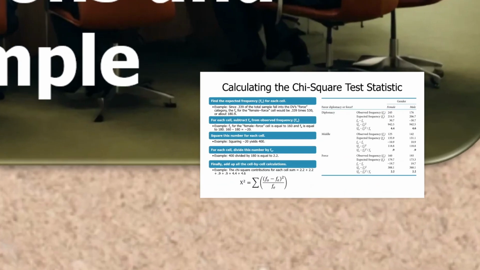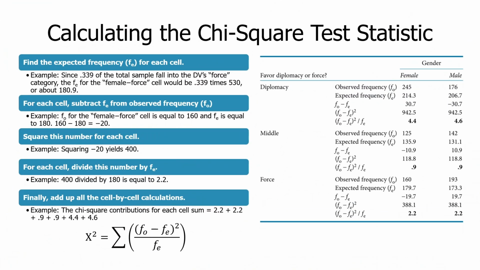Now, here's the calculation, and I know it looks a little intimidating, and indeed it is tedious. But let's work through it because you'll get a real intuitive feel for the chi-square test statistic. There's chi-square, the Greek letter chi, squared.